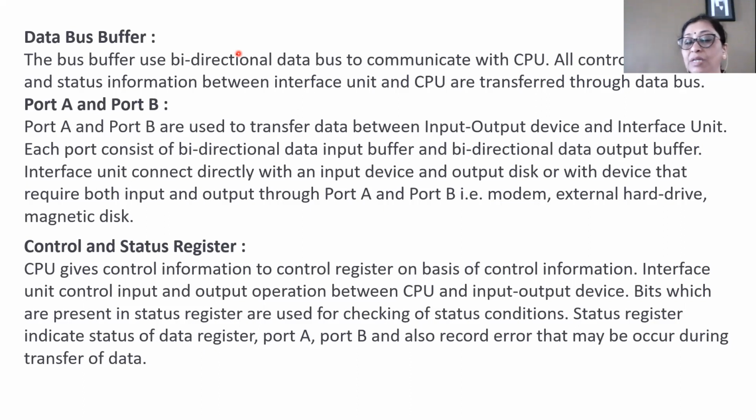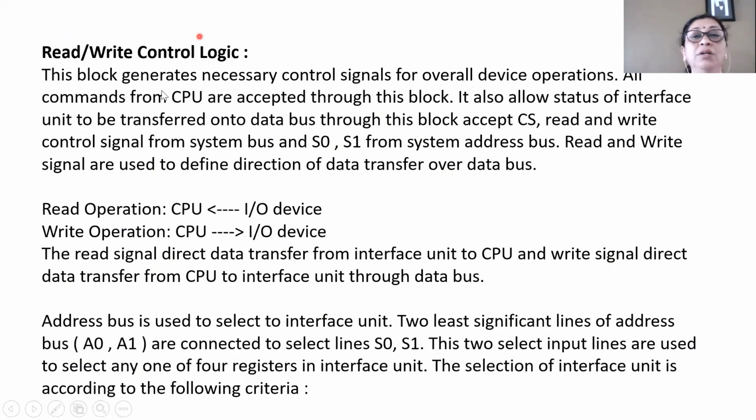It can even indicate whether an error has occurred during the flow of data. When data is transmitted from one device to another, whether an error has occurred during this data transmission is also indicated by setting a particular bit in the status register. This is all about the functioning of the various components present in the interface unit.